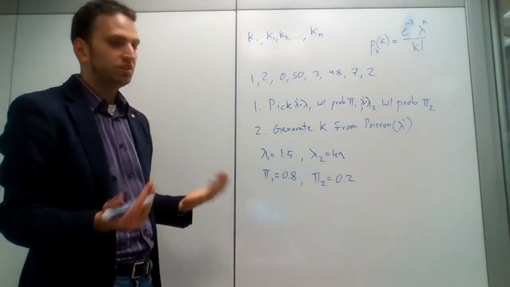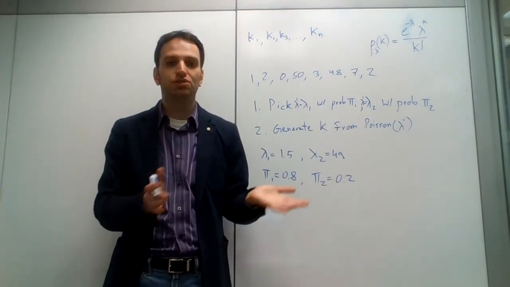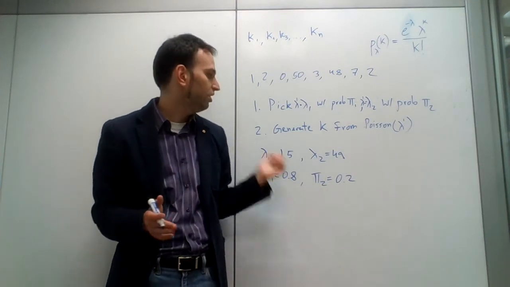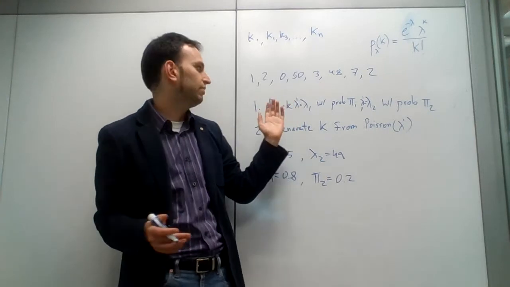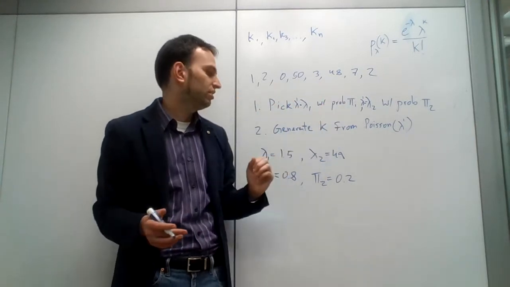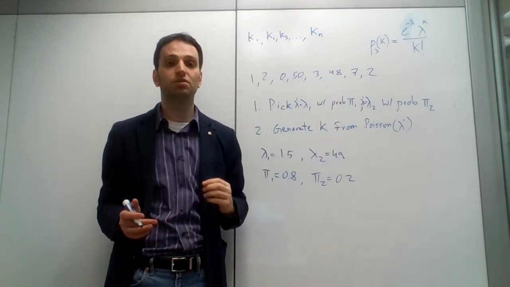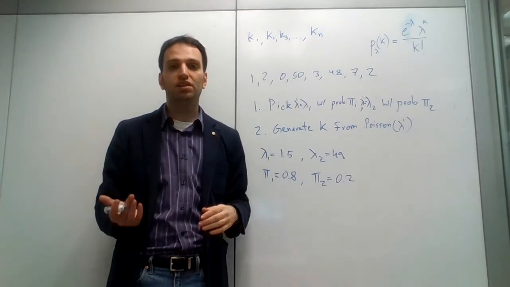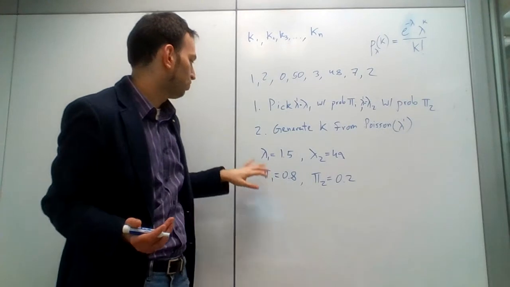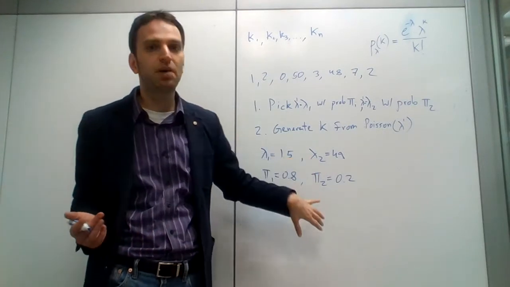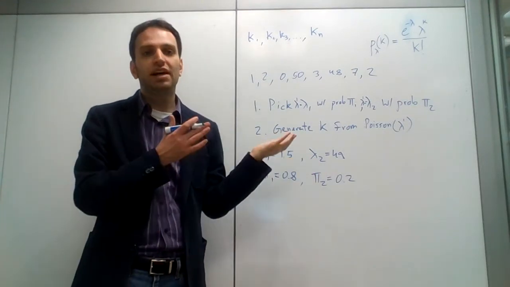Okay, so anyway, what's the answer to the first part of the question? Well, those are the parameters of the model. They completely specify how to generate random numbers from this model. Okay, so the next question is, you observe this, and you're assuming that you know the lambda and the pi, and you want to know the likelihood of the data.